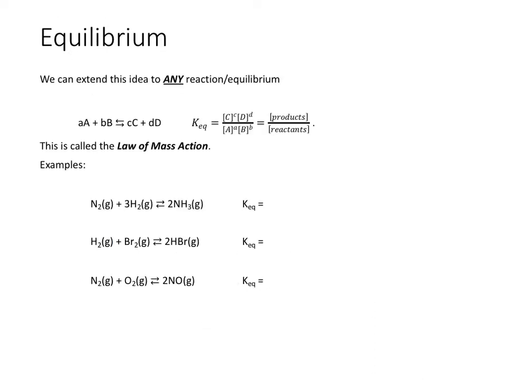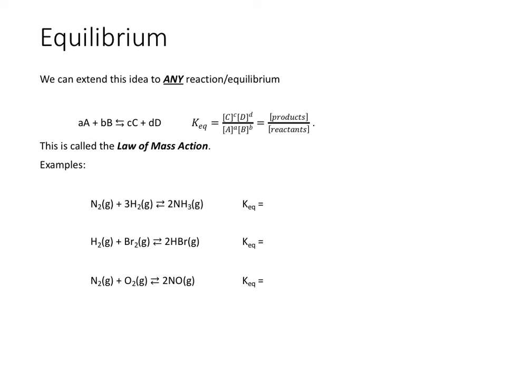We can extend this idea to any reaction or equilibrium. Here's a very generic reaction. A moles of A plus B moles of B are in equilibrium with C moles of C and D moles of D. We can write the equilibrium constant then as the concentration of C to the Cth power times the concentration of D to the Dth power divided by the concentration of species A to the coefficient Ath power times the concentration of B to the Bth power.